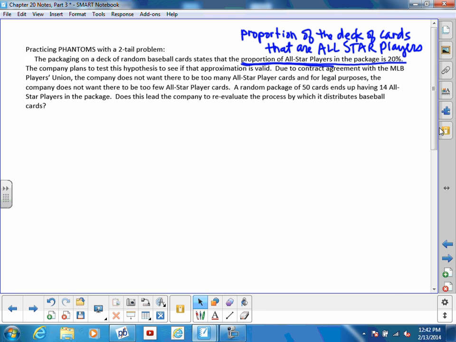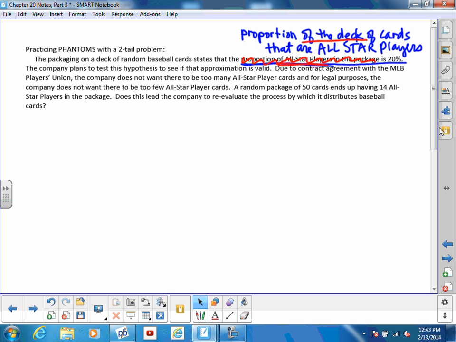What is the difference in these two statements? Proportion of the deck versus proportion of the all-star players. What's going to be the mathematical difference? The denominator of the fraction. Okay, so I intended that upper one. We're talking about the proportion of the deck that's all-star players.